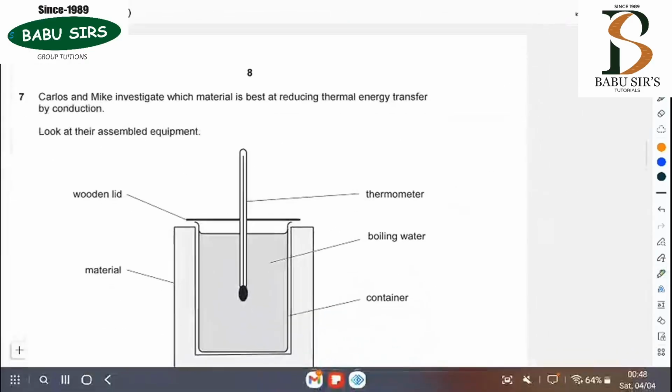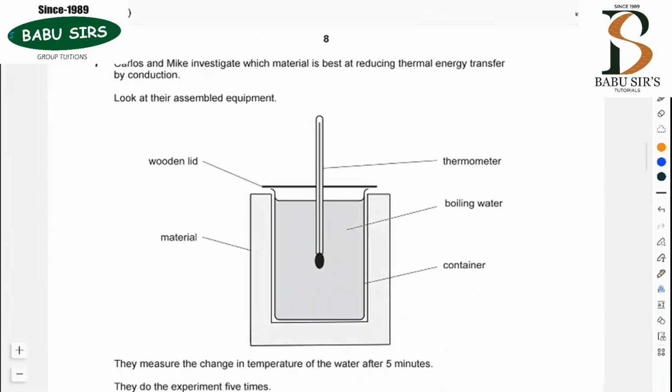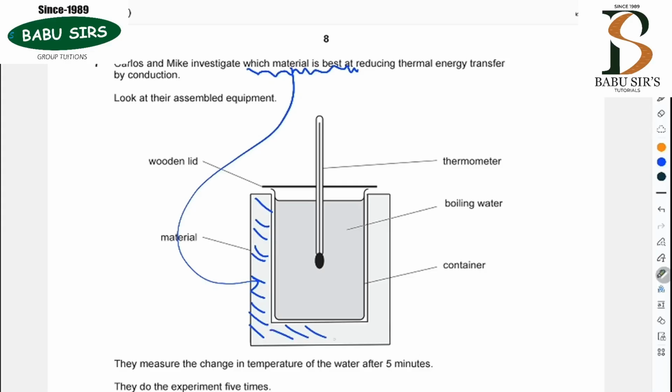Next part we'll start with thermal energy. Question number 7. Carlos and Mike investigate which material is best. So the material used is here. I'll shade this part. You will be using some material here in reducing thermal transfer.